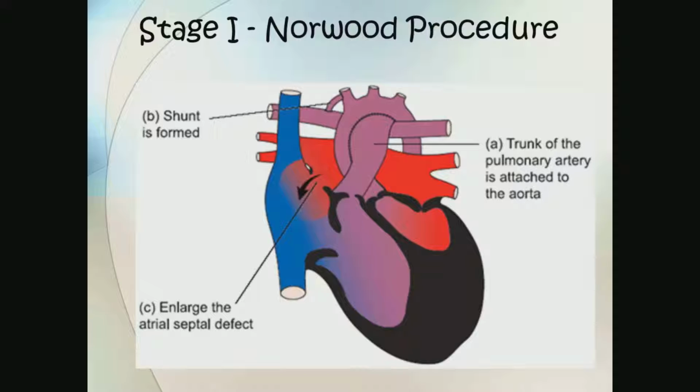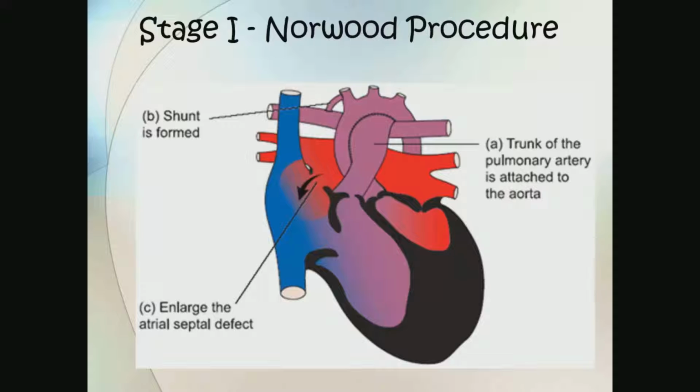So we create a Blalock-Taussig shunt between the right subclavian and the pulmonary artery itself. So the pulmonary artery is no longer getting blood flow. The lungs are no longer getting blood flow from the pulmonary artery. They're getting it indirectly through the Blalock-Taussig shunt. It's a very passive mechanism by which blood flow is going to the lungs.